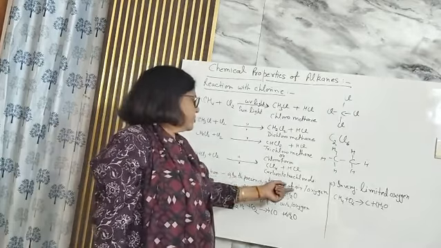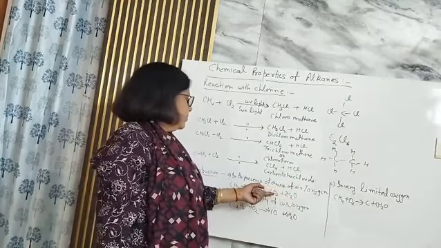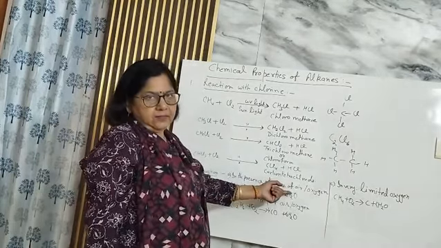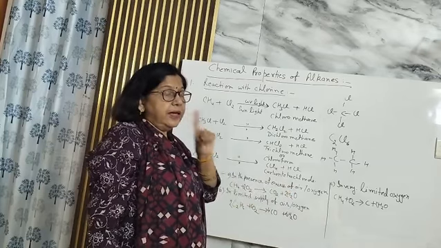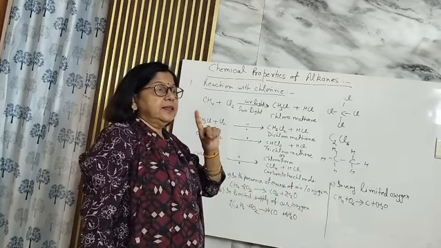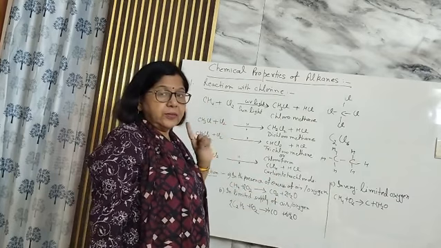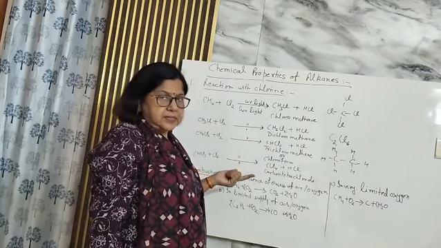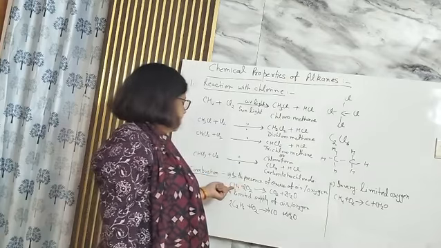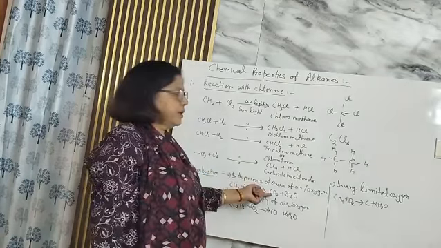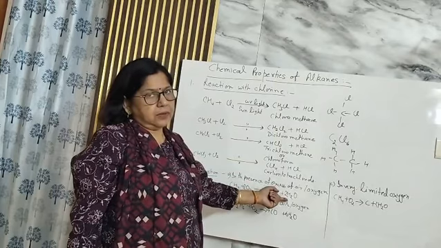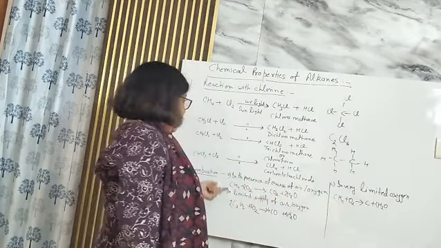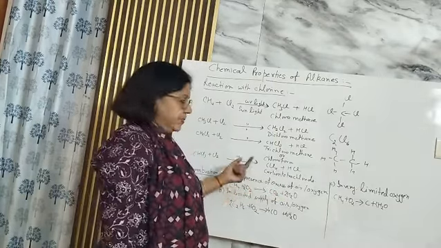So in the presence of excess air or oxygen, you will get carbon dioxide and water. This concept will help you when the equation will not be given to you. You will only be given the question, right? So you can make it: when hydrocarbons are burned, you will get carbon dioxide and water vapor. And then you will balance it.